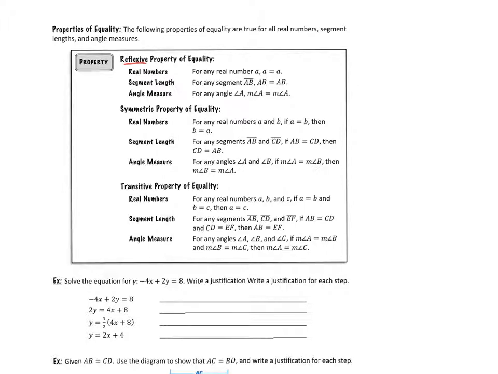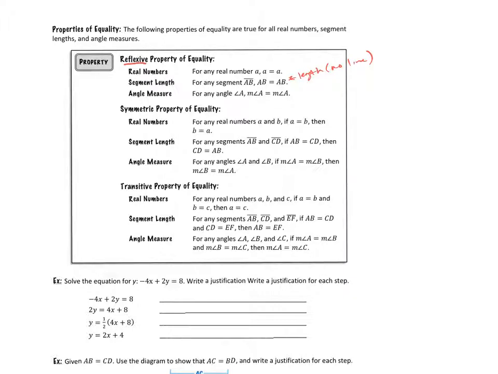For any segment AB, remember the segment is indicated by the line over those letters, the length of AB equals the length of AB. And we know that's the length because there's no line above those two endpoints. And for any angle A, the measure of angle A equals the measure of angle A.